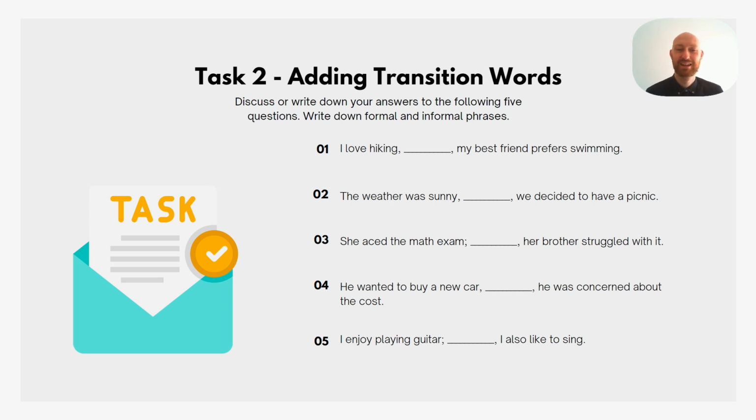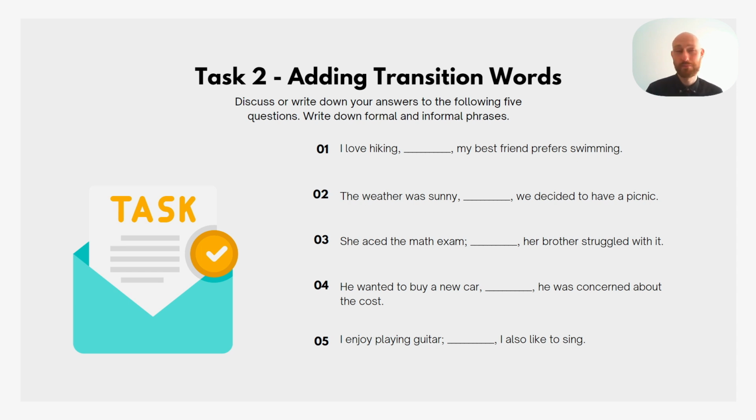Let's try another example. Number 2, the weather was sunny. Blank, we decided to have a picnic. So, you probably think the first point is made and then the next one is a consequence of that first point. So what do we need? What type of word do we need?